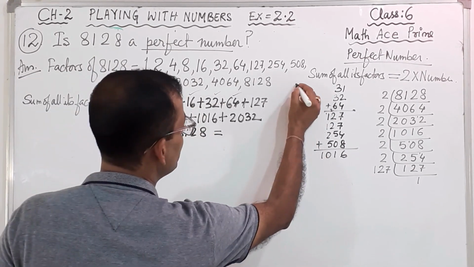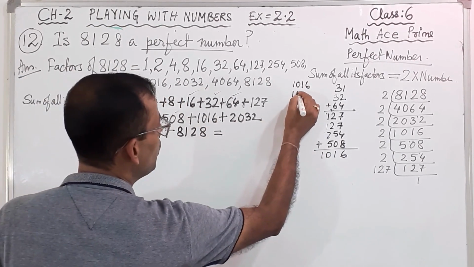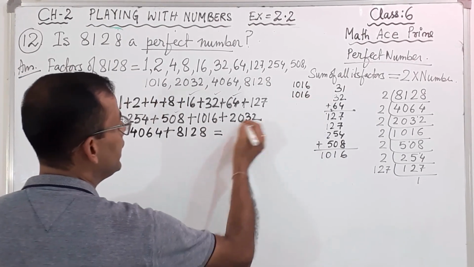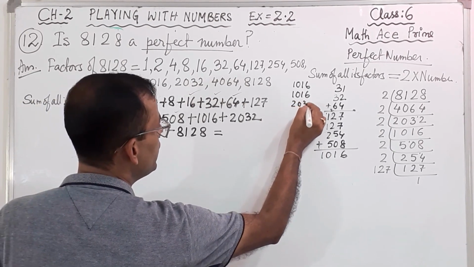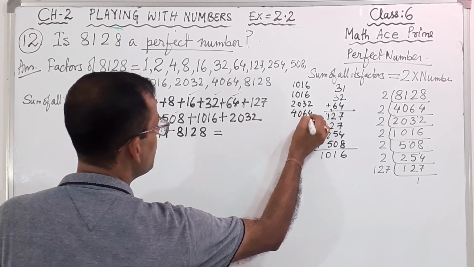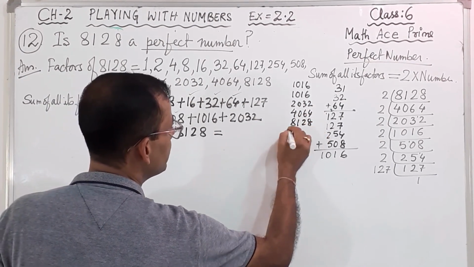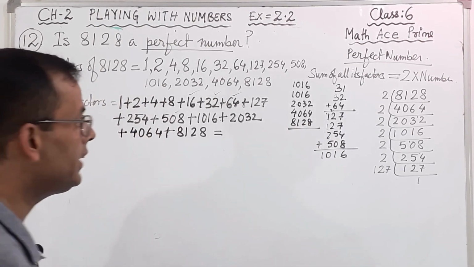Now this 1016, again I have to add 1016. Then 2032. Then 4064. Then 8128. Okay, let us add it.